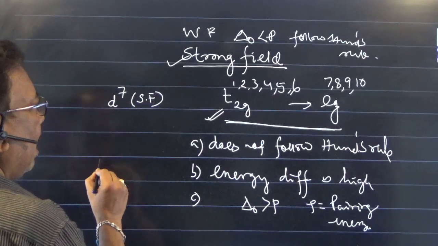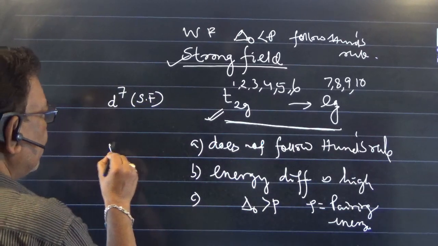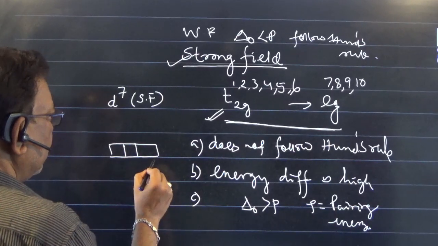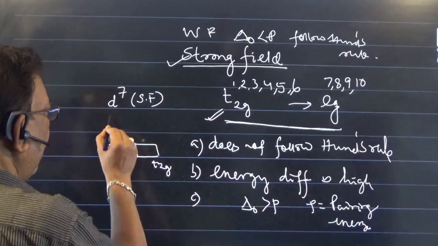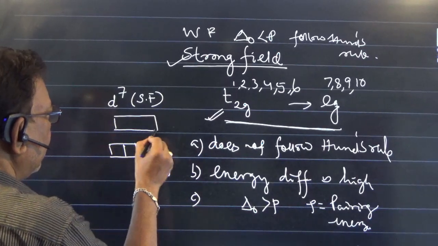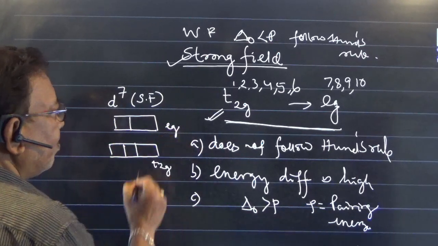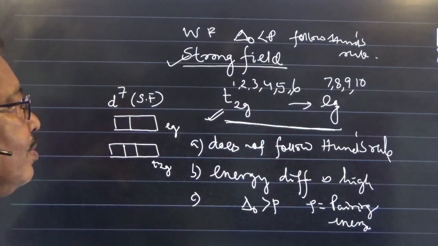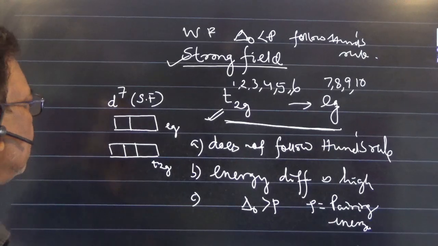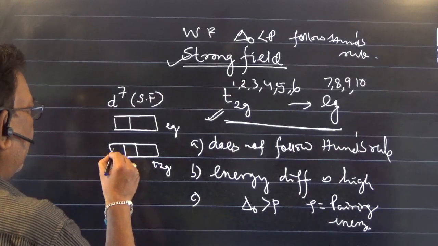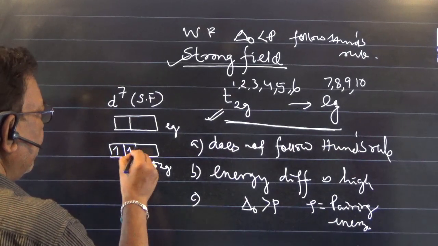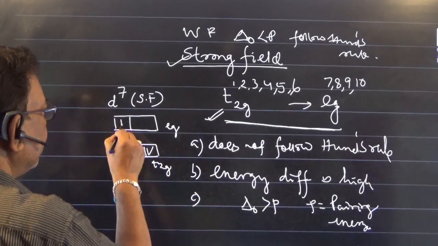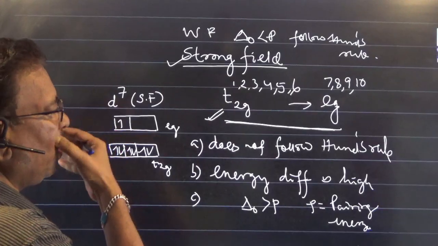So similarly, how to do T2G, T2G and EG. Tell me, how will you fill it? T2G 6, EG 1. 1 1 1 1 1 1, yes or no?